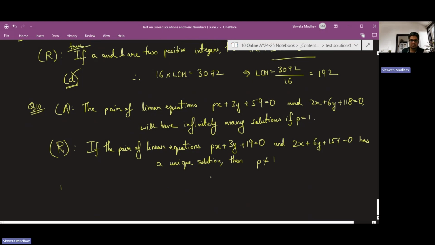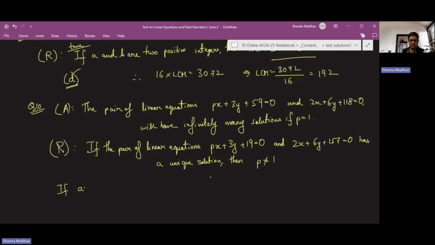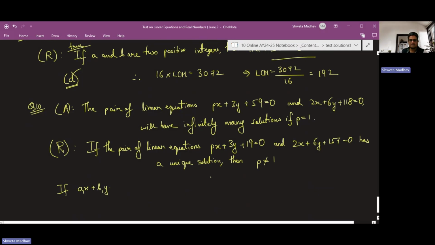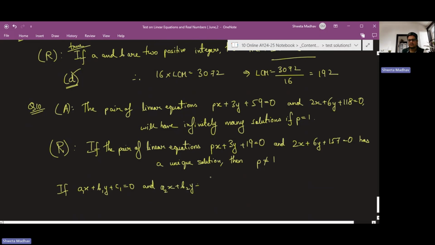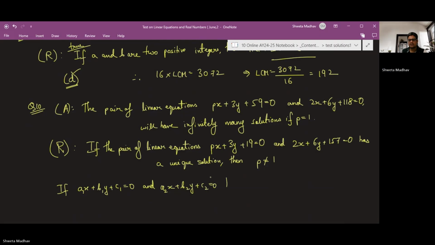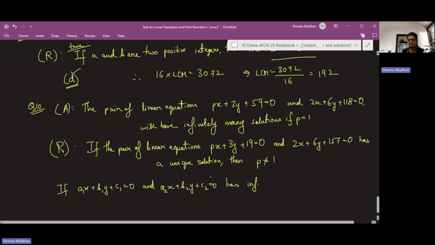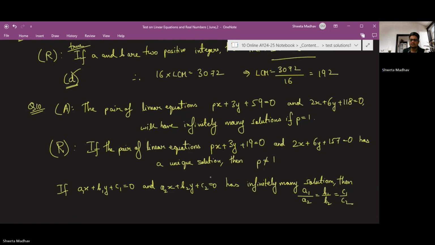As you know, if the equations a1x plus b1y plus c1 equal to 0 and a2x plus b2y plus c2 equal to 0 have infinitely many solutions, then we should have a1 by a2 equal to b1 by b2 equal to c1 by c2.